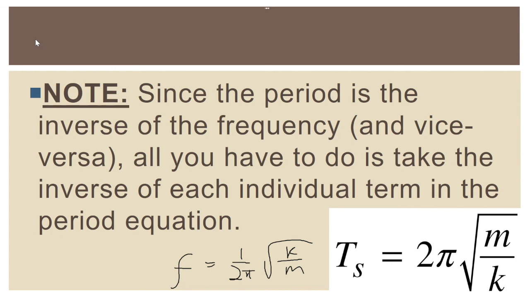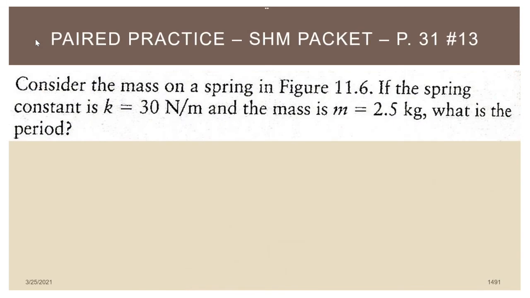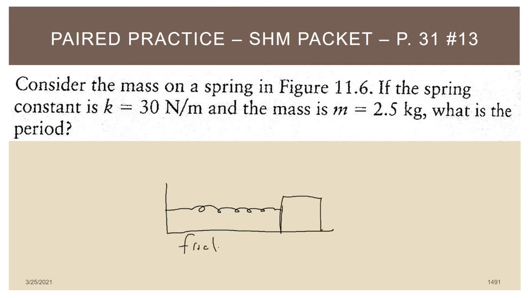All right, so very quickly before we go here, let's take a look at a couple of examples. First example here is in the simple harmonic motion packet. It's on page 31, number 13. This problem says, consider the mass on the spring in figure 11.6. Now, obviously, you can't see this figure in this particular question, so just pretend it looks like this. It's a block attached to the end of a spring, and this surface is frictionless.